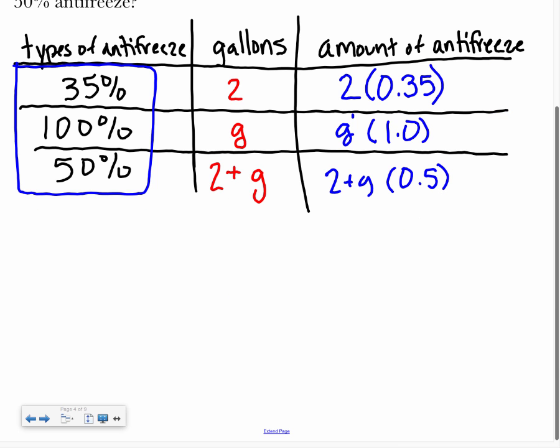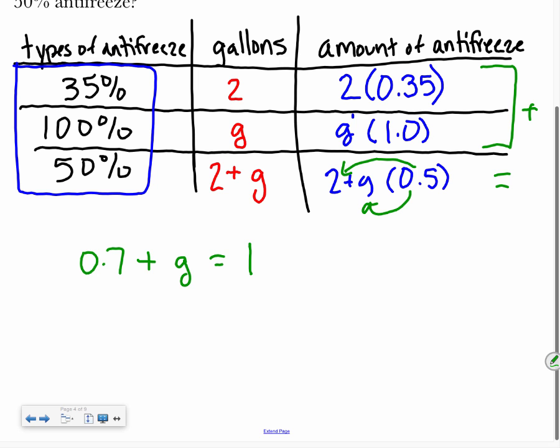Just like we did before, our top 2 rows added together equal the bottom one. So 2 times 0.35 gives us 0.7 plus 1 times G is just 1G, which we also write as G, equals, and then 0.5 times 2 gives me 1, and 0.5 times G gives me 0.5G.